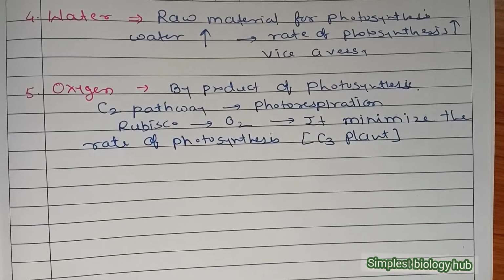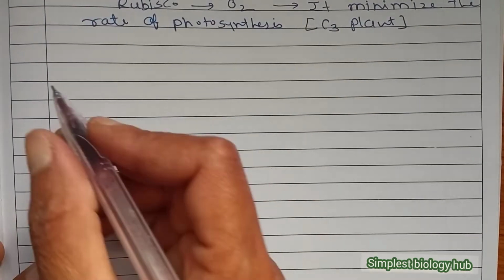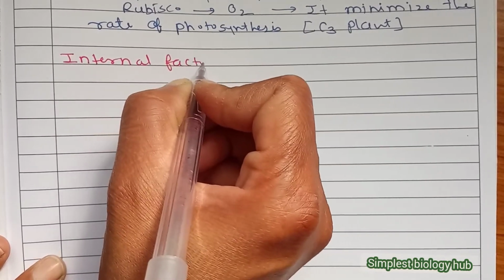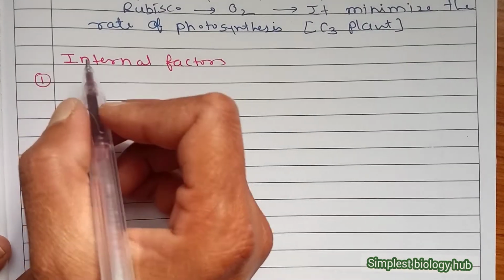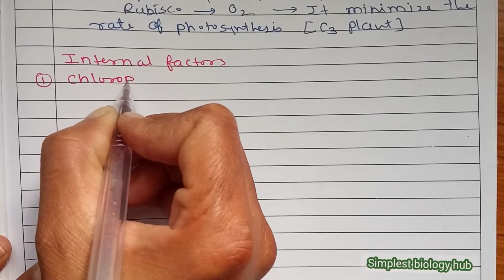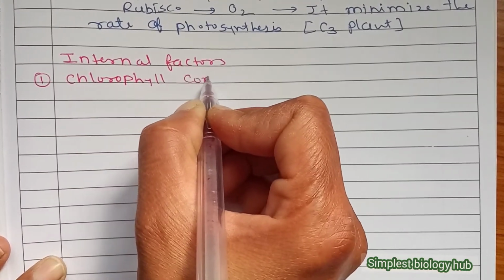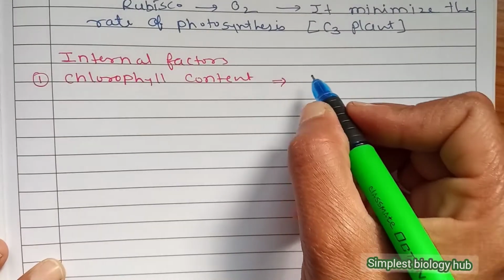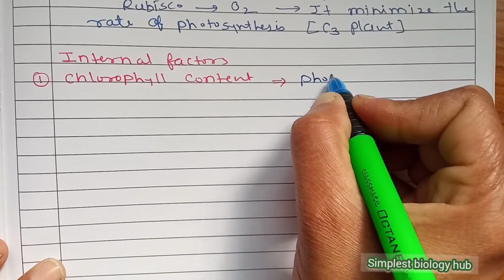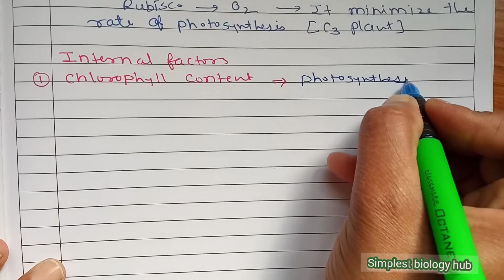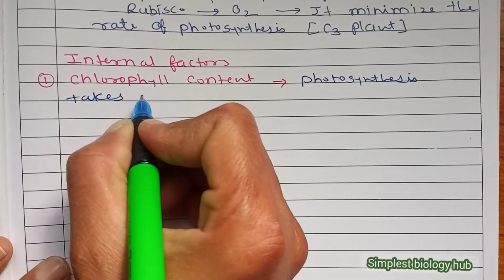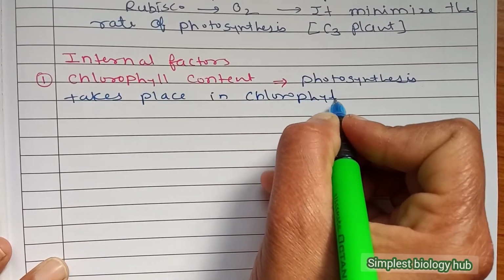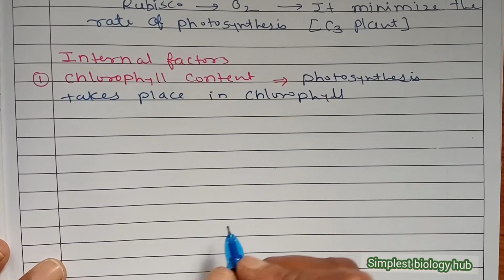Now we talk about the internal factors. The first internal factor is chlorophyll content. Because photosynthesis takes place in chlorophyll, chlorophyll provides the place for the process of photosynthesis.